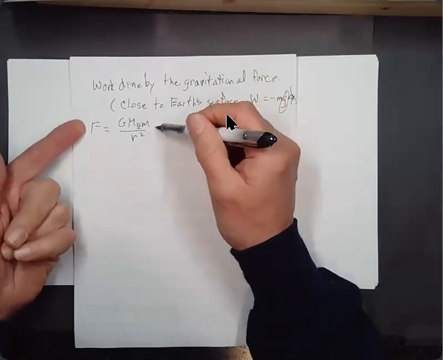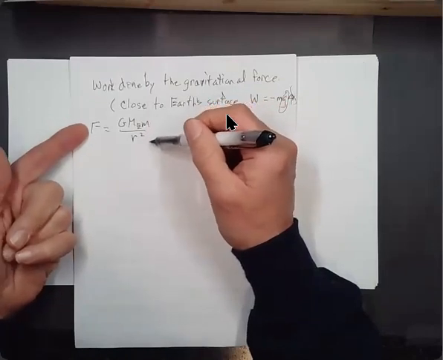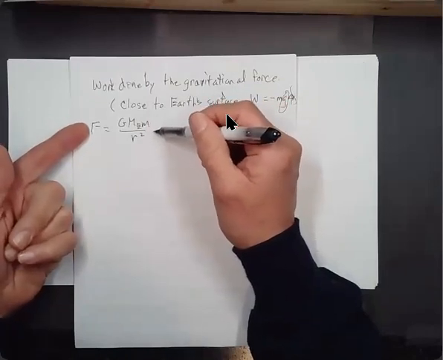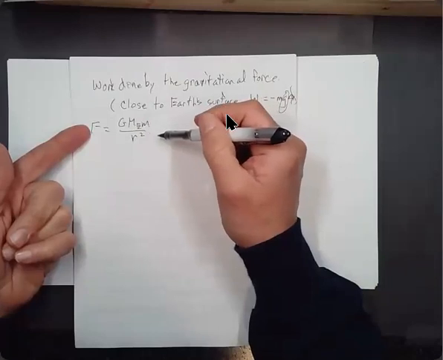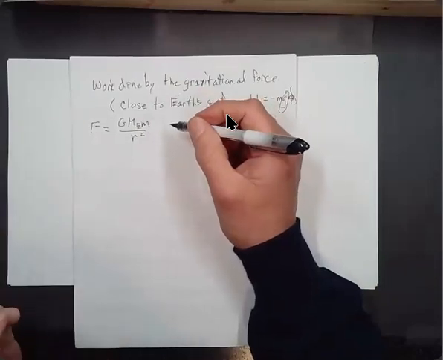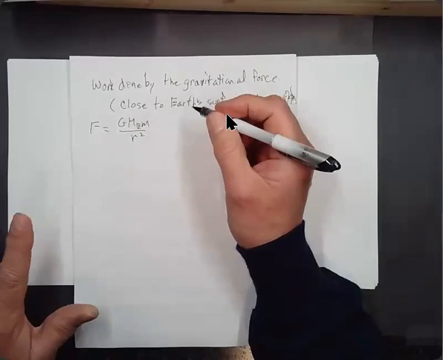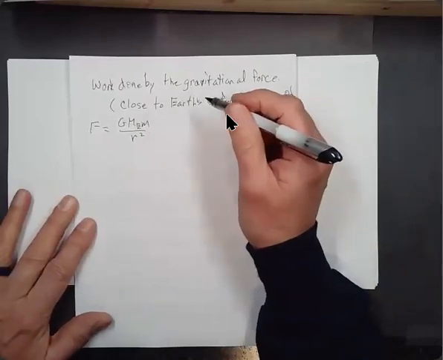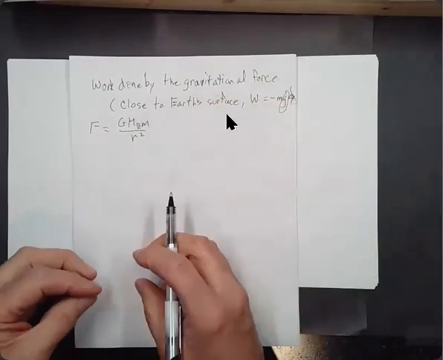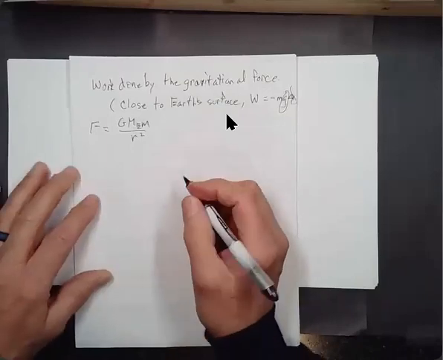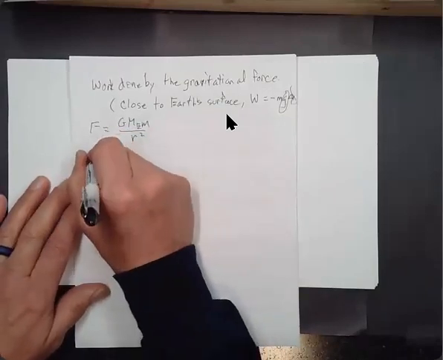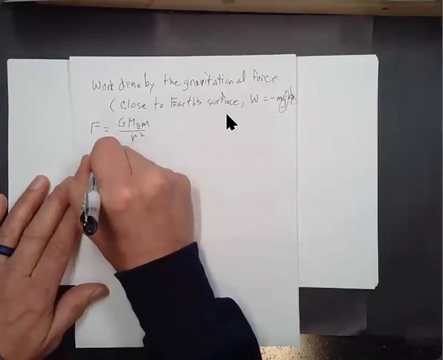But you can see this force gets weaker with distance from the center. And so we're going to have to take that into account. So now let's think about the work done by the gravitational force as we move larger distances away from the Earth.